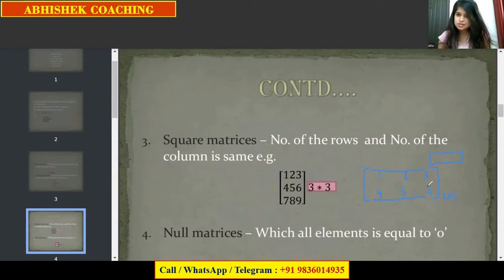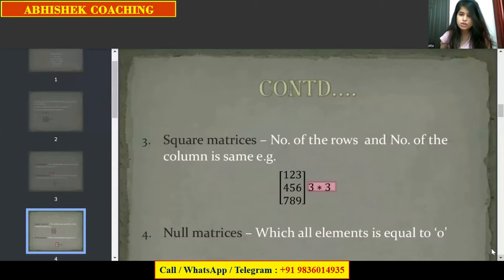So the square matrix, when the number of rows and number of columns are the same, like 2 into 2, is also more precise. Actually, I can see it like that, 2, 3, 4, 5. So it will show you like a square, having a more precise figure. So clear with this for the square matrices.